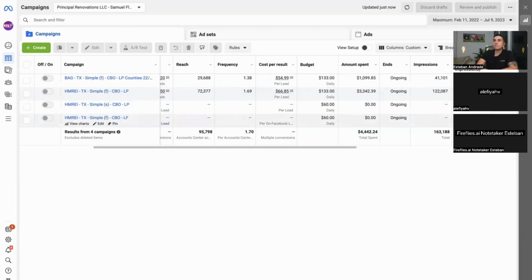So reach, imagine that you have a picture or a message that you want to show to your friends or to your audience, to your potential clients that are prospects. So reach is like the number of friends who actually see that picture or the message that you're showing on their phones or their computers.